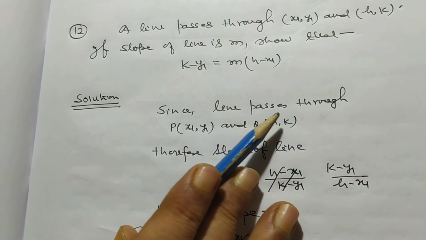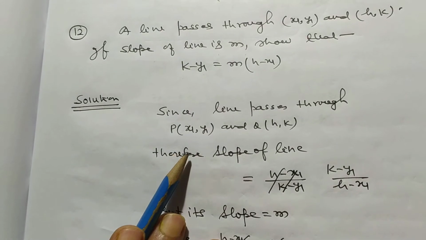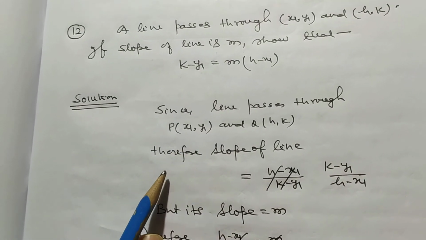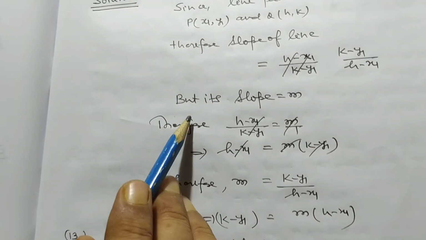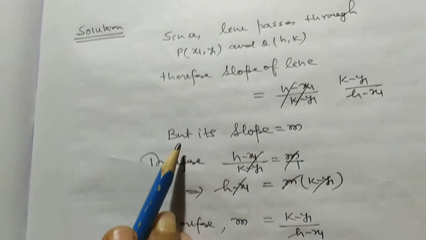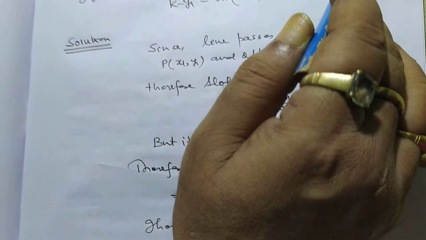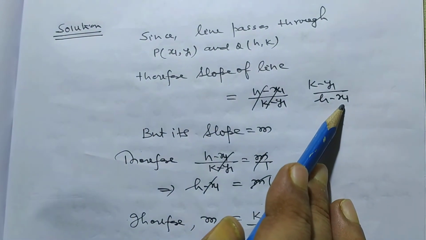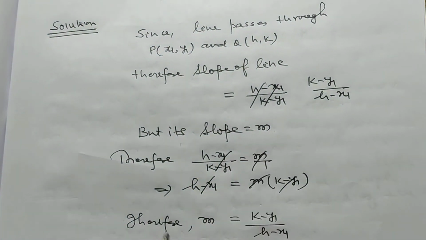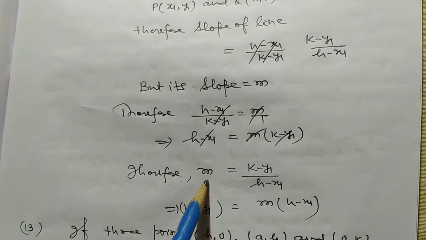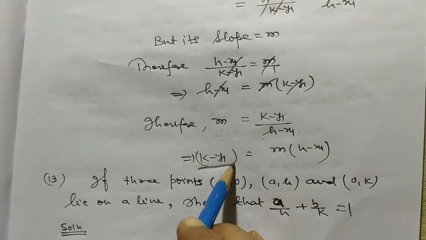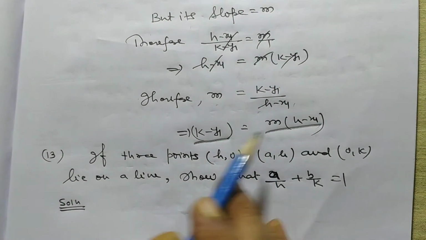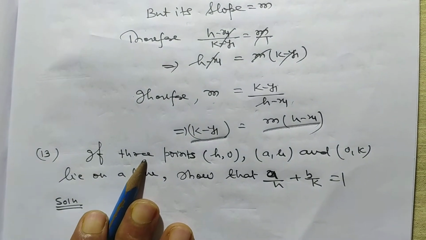Since the line passes through P(x1, y1) and Q(h, k), the slope of the line is (k minus y1) by (h minus x1). But its slope is m. So we write m is equal to (k minus y1) by (h minus x1), so k minus y1 is equal to m(h minus x1) after cross multiplication.